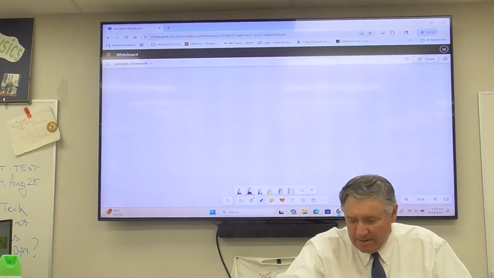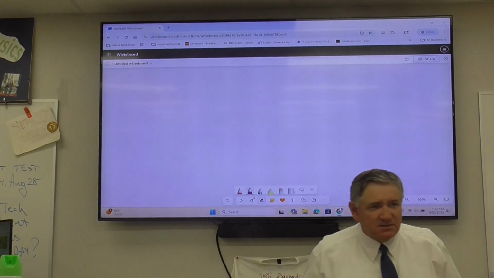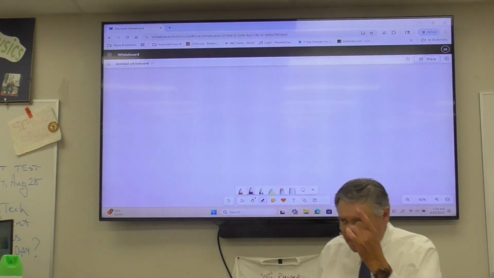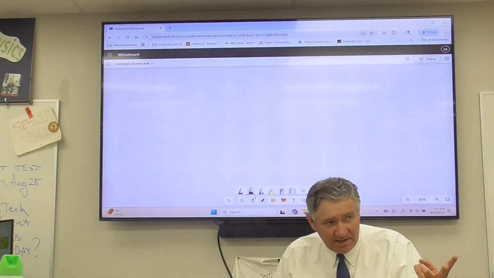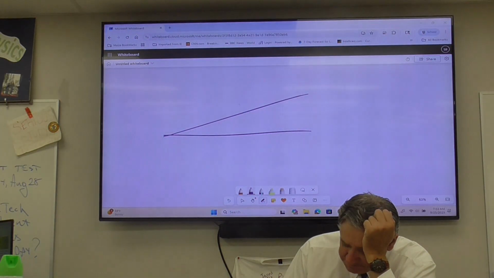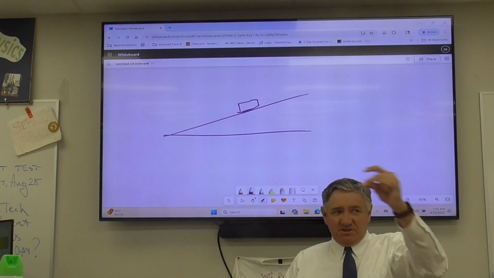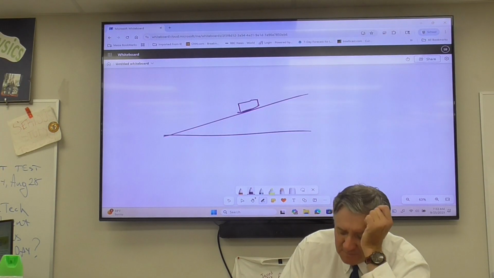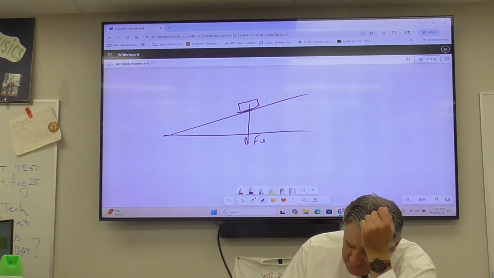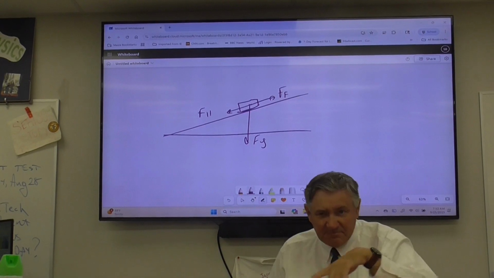So what do you call that type of friction where it's moving from rest? Static. So you have kinetic, which is in motion, and you have static, which is from rest. So here's the assumption that we're going to make: when you lift it up and you find that point where it just begins to move, it just breaks loose, we're going to assume that the force parallel acting down is equal to the force friction, which is holding it in place.